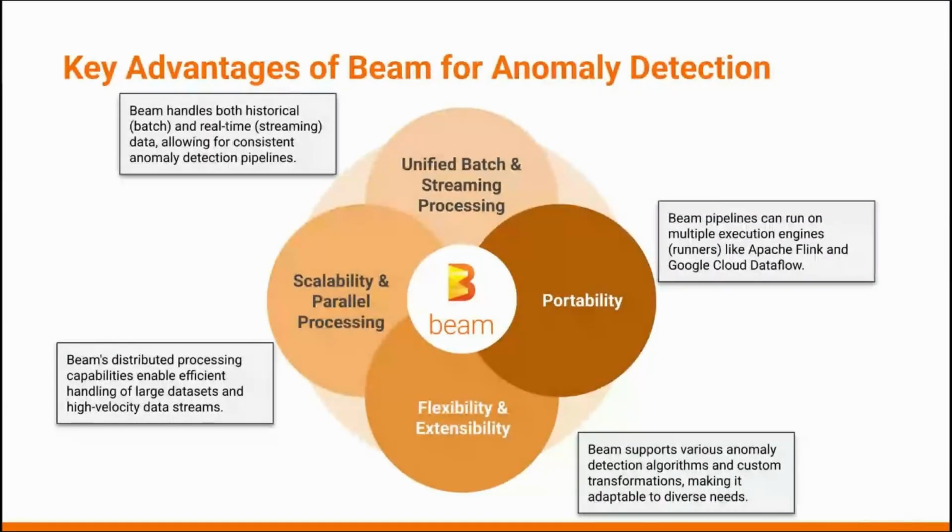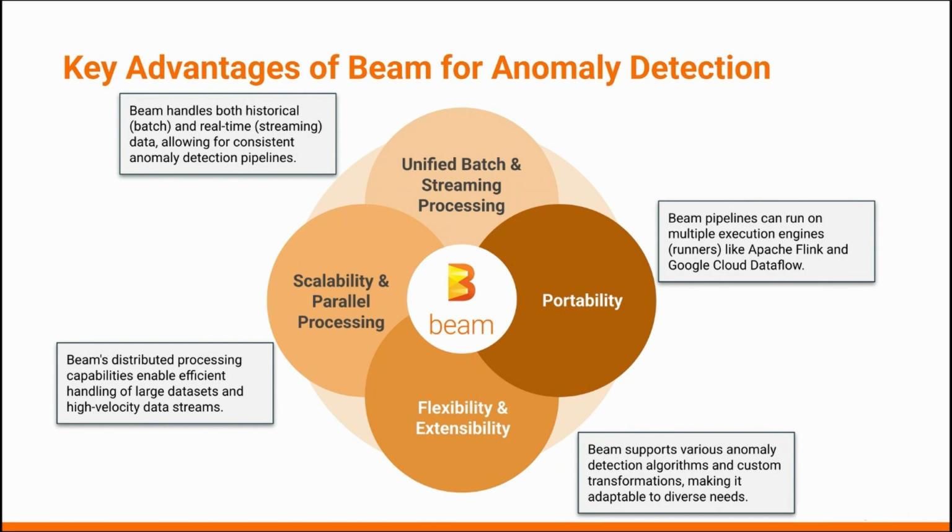All right. So in summary, I've explored the anomaly detection features in Apache Beam. The key advantages of using the PTransform mirror the core strengths of Beam itself. First, Beam allows you to create a single pipeline for anomaly detection on both historical and real-time data.